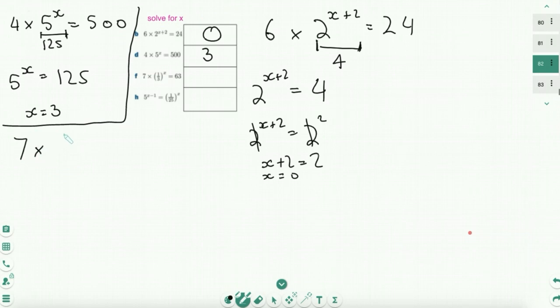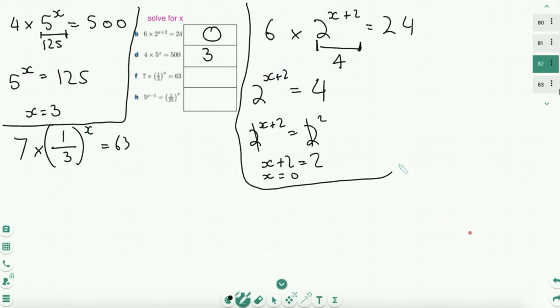7 times 1 over 3 to the power of x equals 63. So let's chunk all this together. 7 times something is 63. This whole section must be 9. 1 over 3 to the power of x is equal to 9.